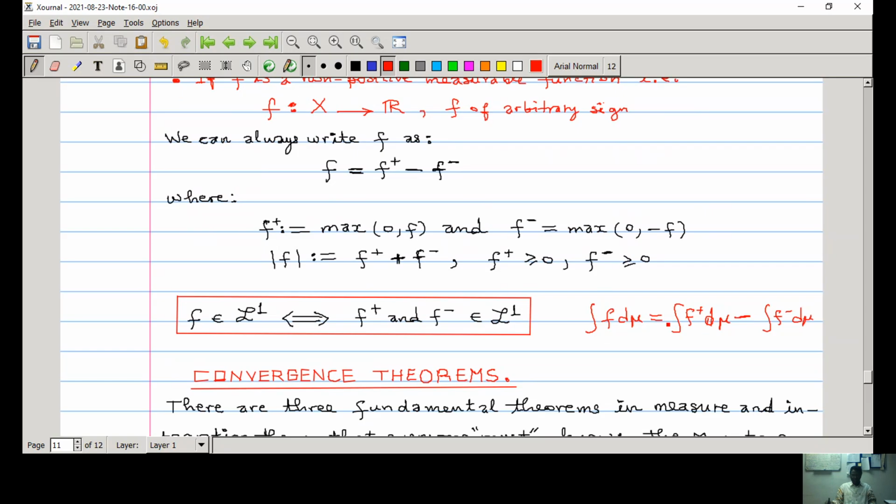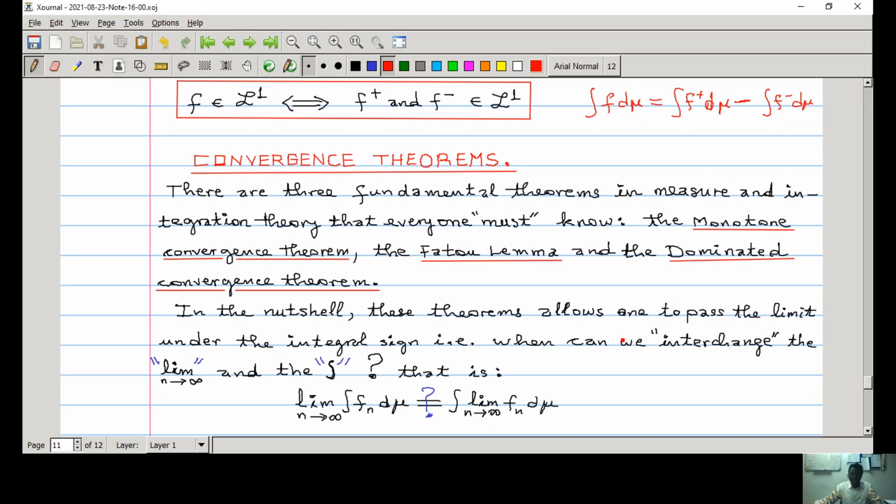So that's how you write the integral of an arbitrary function, or a function of arbitrary sign, which is represented as a difference of its positive and its negative part. So that's how you integrate. That's how you write this integral.